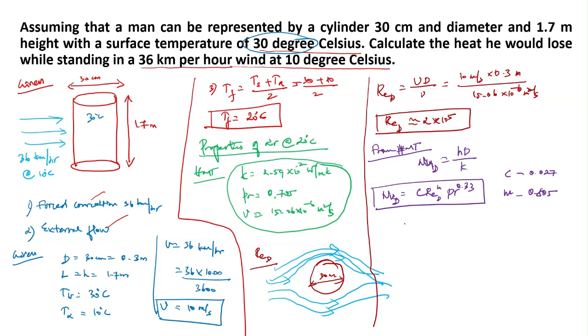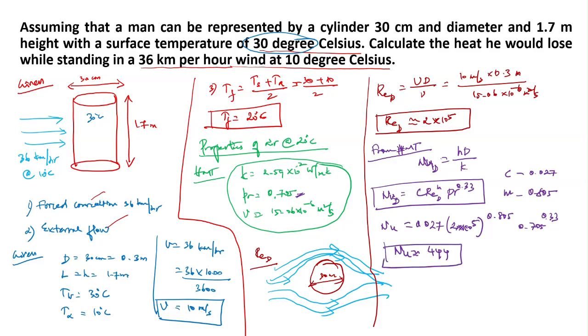Then Nu is equal to 0.027 into the Reynolds number I already found, 2 into 10 to the power of 5, whole power 0.805, into the Prandtl number 0.705 whole power 0.333. After the substitution of these values, you get the Nusselt number nearly equal to 444.